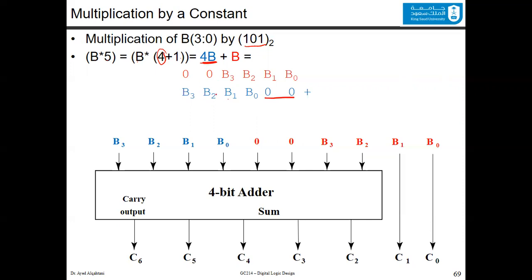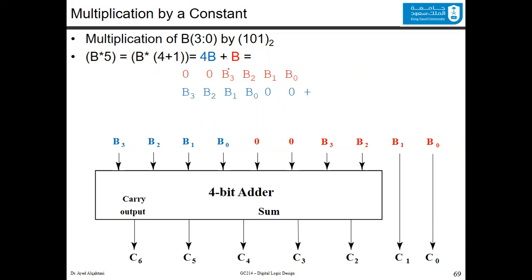This is the blue 4 times b. And then you add one more b, which is the red one, a version of b as is without shifting. We got this idea by distributing the b to the sum, 1 plus 4. So you have 4b plus another b.